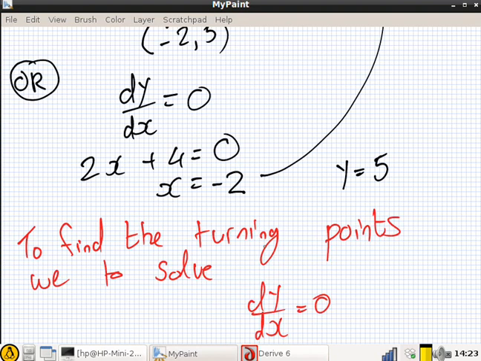Think more maths. You're thinking 2 EAP. Think more maths. Turning point, stationary point, critical point, vertex, max or min? Extreme. Yeah. Extreme, yes. And there's probably many more.